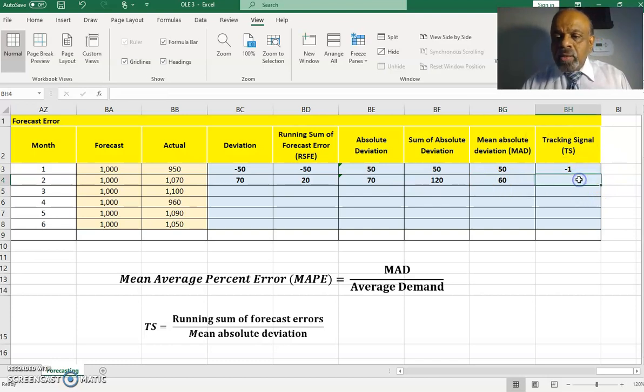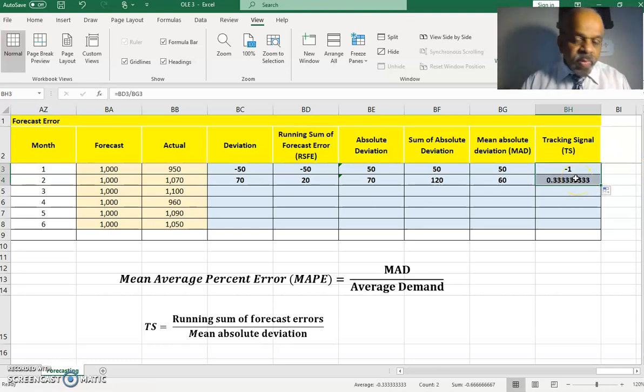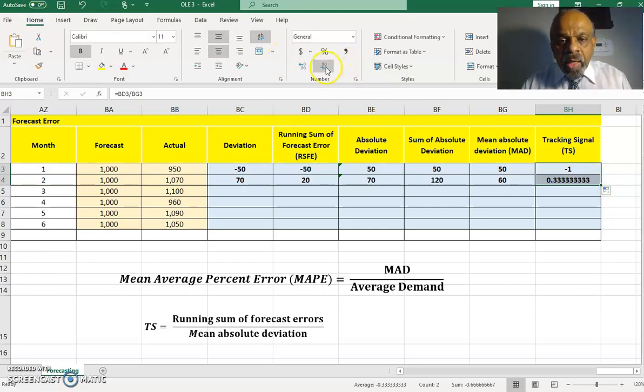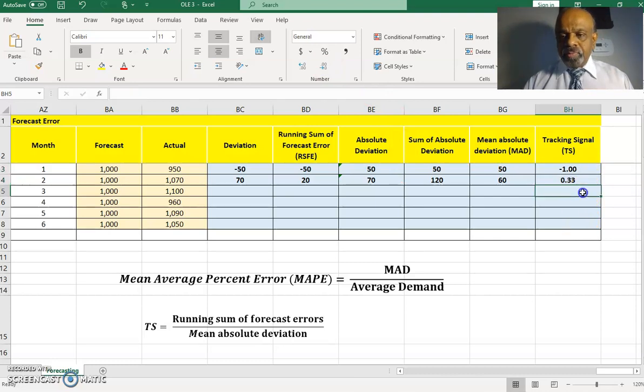The tracking signal again is going to be the same. I'm going to copy and paste that, and that comes to 0.3333, and if I go to Home I can decrease the decimals, so I can make it 2 decimals.